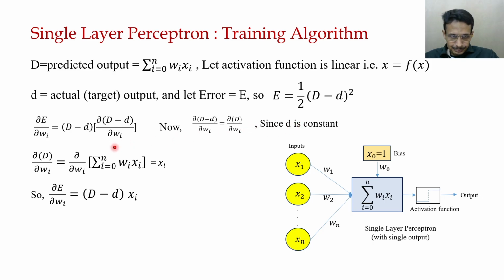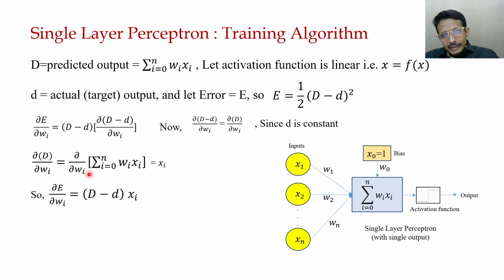Now we have to calculate del of capital D by del of wi. We put in the value of capital D, the sum from i equals 0 to n of wi xi. Notice one thing here: it is w1 x1 plus w2 x2 up to wn xn, plus w0 x0 as a bias. What happens for the terms which are not equal to wi?